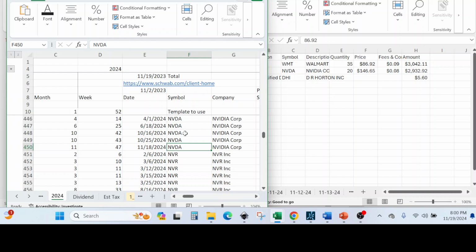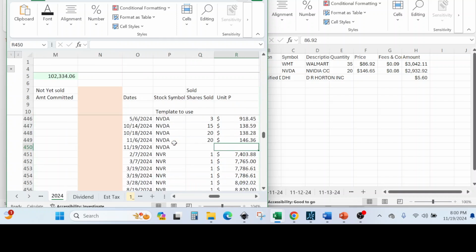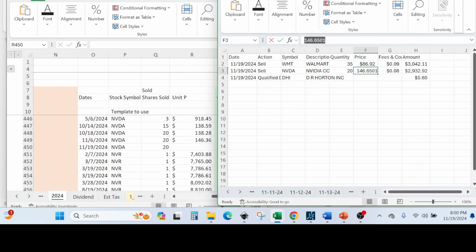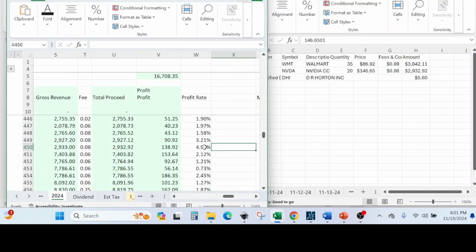It was sold on the 19th. 20 shares. We'll copy the amount per share. You can see that this one is 4 digits after the decimal point. And the fee is 8 cents. And the profit is $138.92.